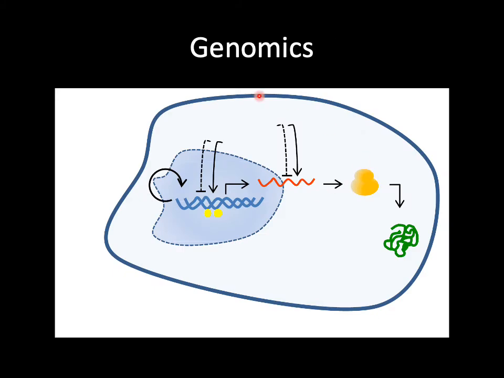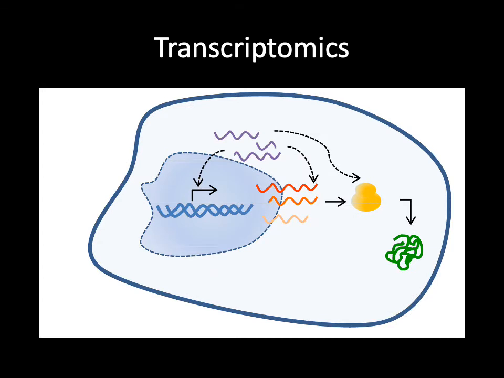Genomics is looking at the DNA that we find in the nucleus, whereas transcriptomics is looking at the messenger RNA, the transcription of that DNA into RNA, and we're looking at the quantity of those RNAs, which gives us a feel of the expression of genes.